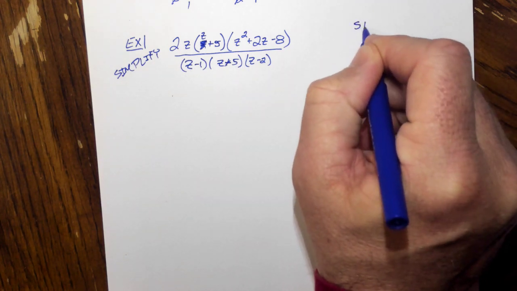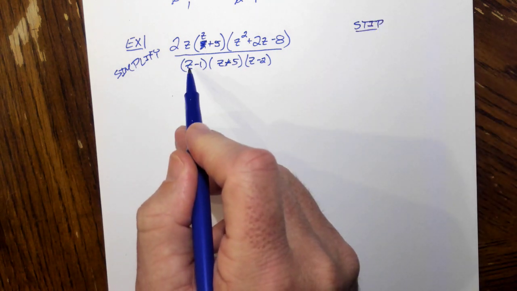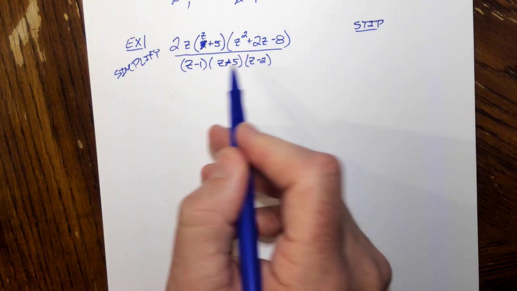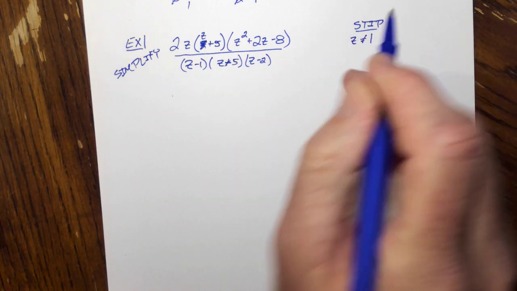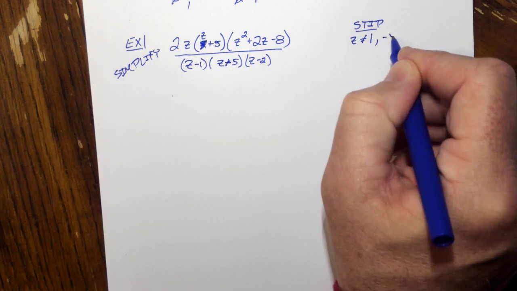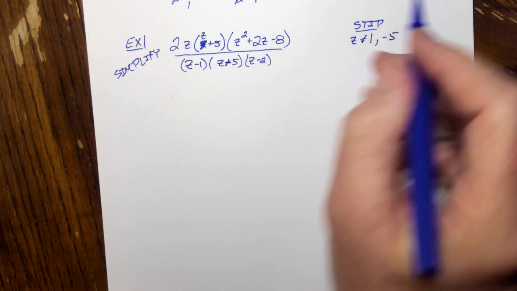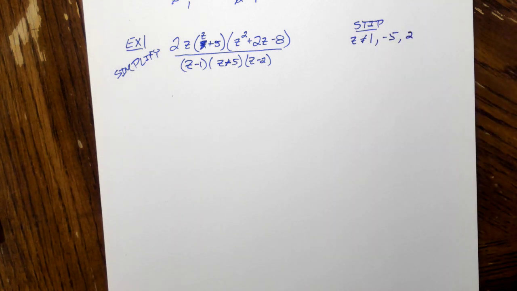So our stipulations, look here. If we plug a 1 in there, we get a 0. Multiply it all through, it's still 0. So z can't equal 1. Stipulation here, that's a plus sign. Can't be a -5. Can't be a 2. If you want to get those out of the way right off the bat, good. More power to you. Have at it.